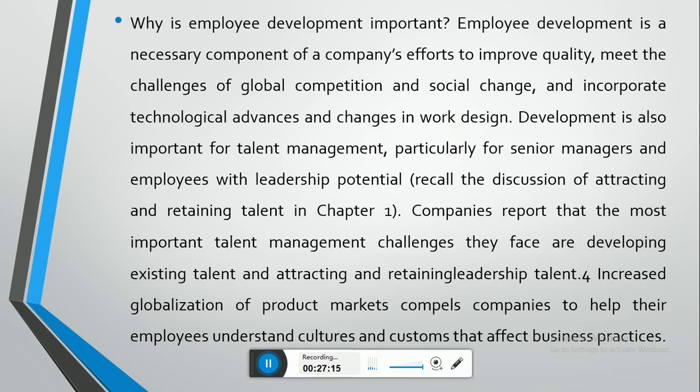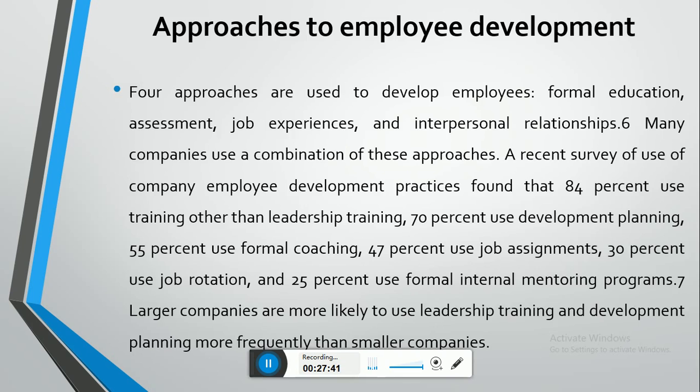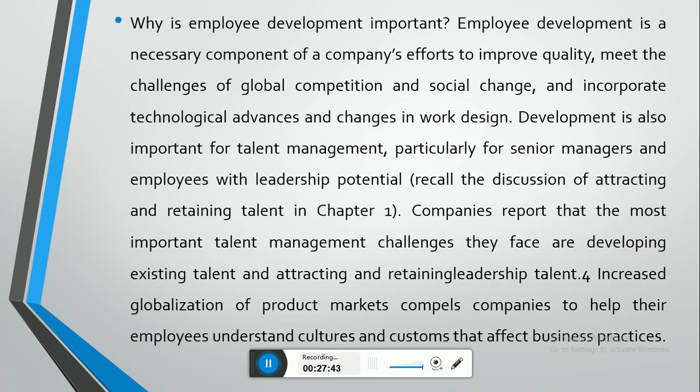Companies report that the most important talent management challenges they face are developing existing talent and attracting and retaining leadership talent. That's the challenge companies are facing. Increased globalization of product markets compels companies to help their employees understand cultures and customs that affect business practices. So that's why employee development is very, very important.